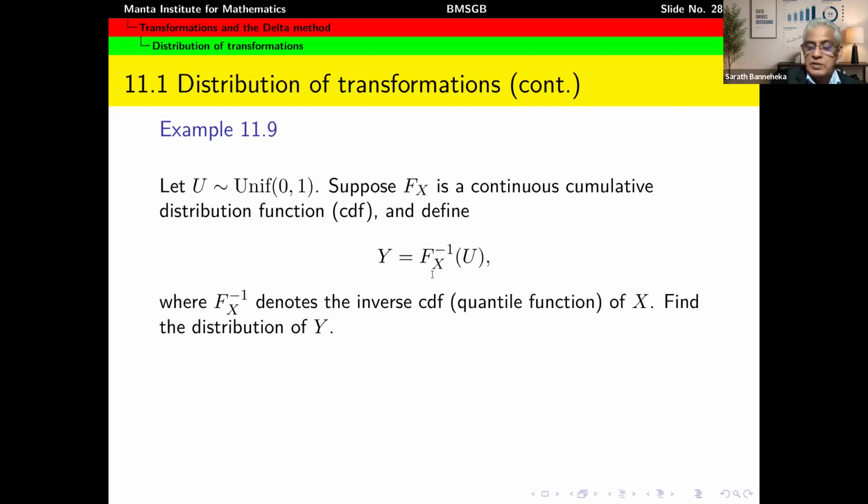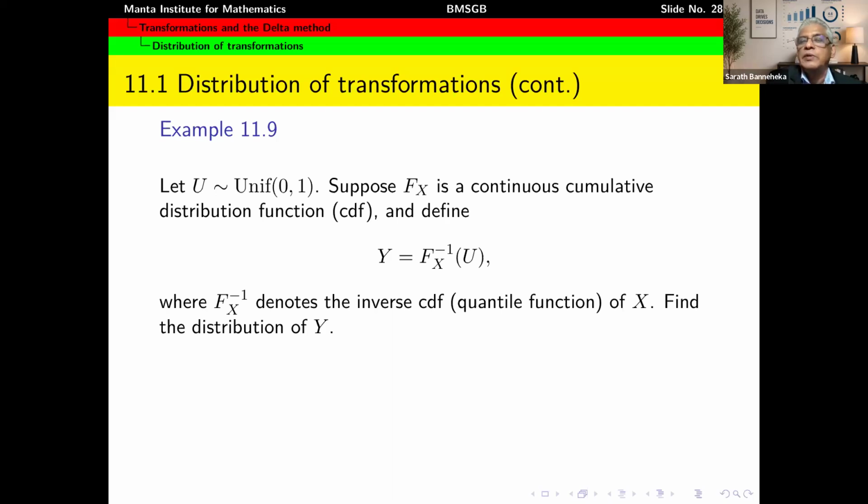So this theorem is therefore very useful to get data from any distribution with a known CDF, starting with uniform(0,1) data. Because using any computer, you can always generate data from the uniform distribution.